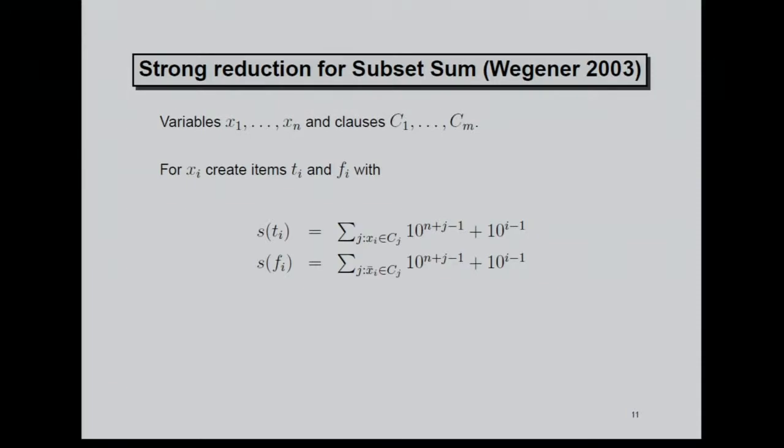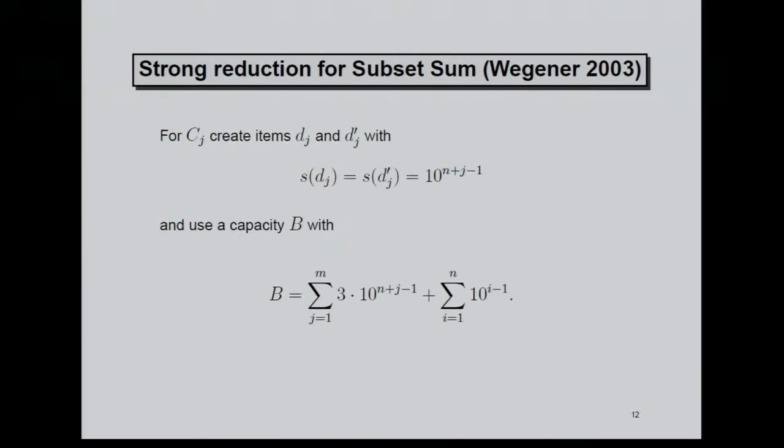Then you look at all positions in the clauses where the variable occurs and mark this at the corresponding higher positions. And here you do the same for the negated variables. In addition, you have two dummy items for each clause. What you can see is that they are used to match the bound 3 at the corresponding position.